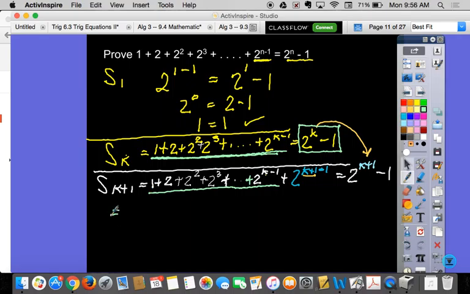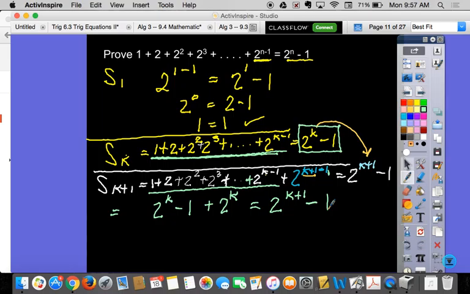That's what's going out, so you're swapping all of that for what's in the box. Take every bit of what's underlined and replace it with what's in the box: 2 to the k minus 1. Now add, start right here, plus 2 to the k, and notice my 1's cancel out, so I don't need those. On the other side, I have 2 to the k plus 1 minus 1.